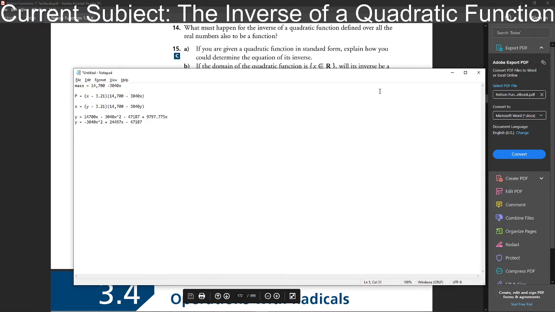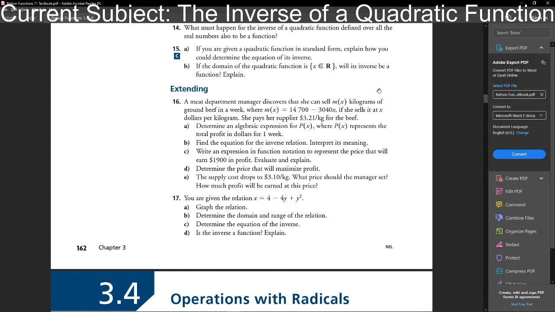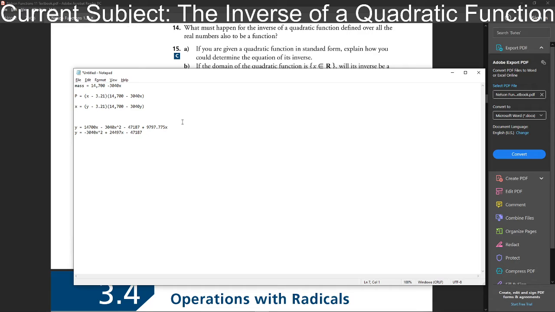So all we're doing here is, yeah, this would be a lot easier to work with in vertex form because we only have one value of x and y. But goddamn, factoring this would be a pain.